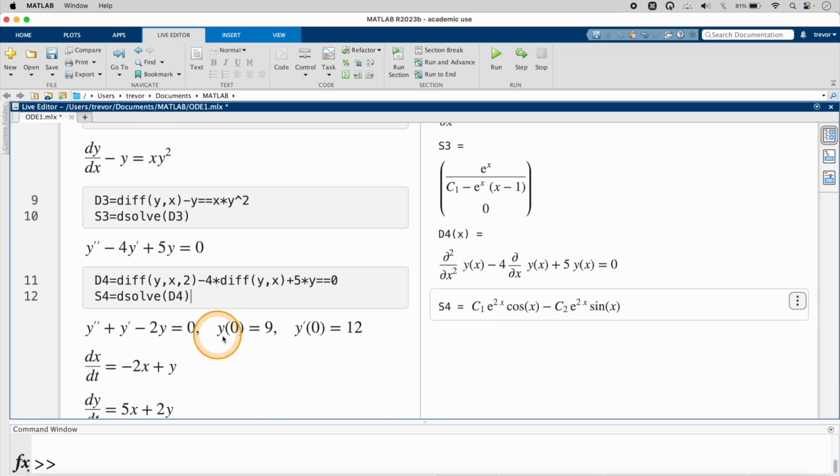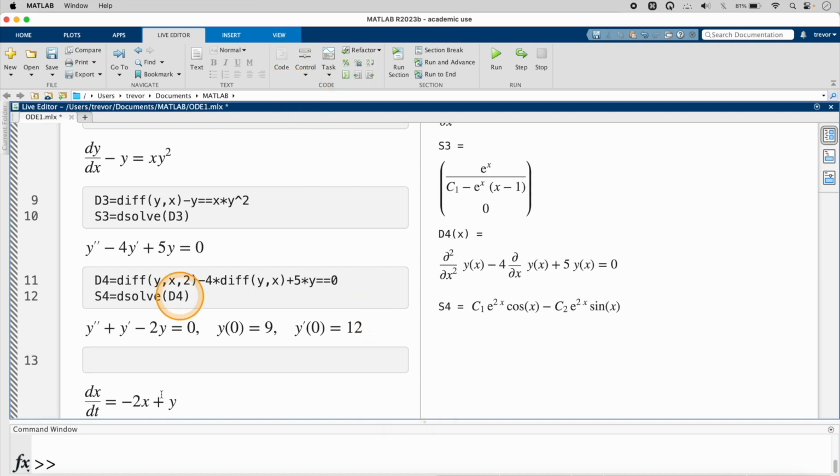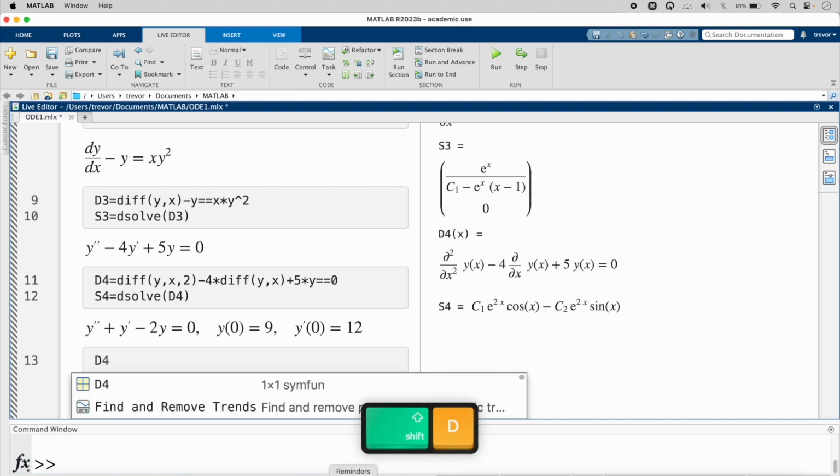We are having a second order ODE, but given these conditions there. So I'll enter the code for solving that ODE. For the code, I enter the differential equation and I'll call it d5.